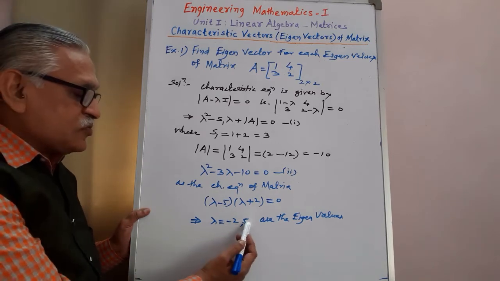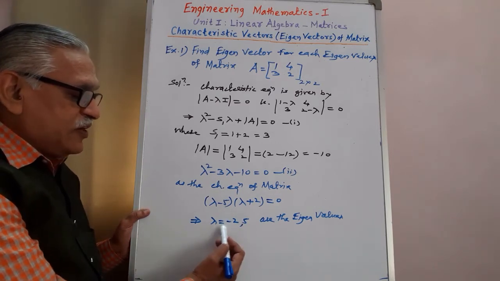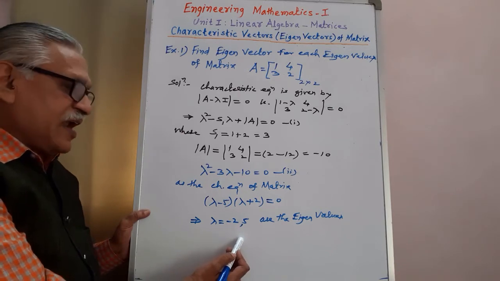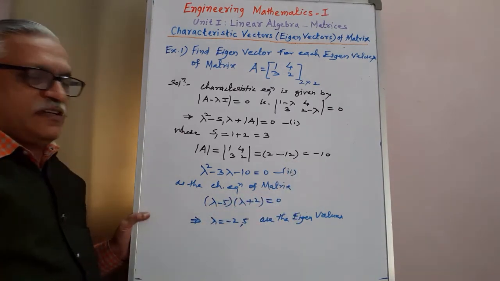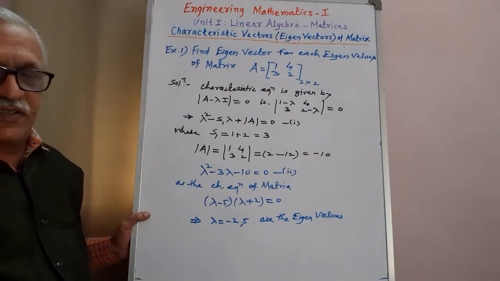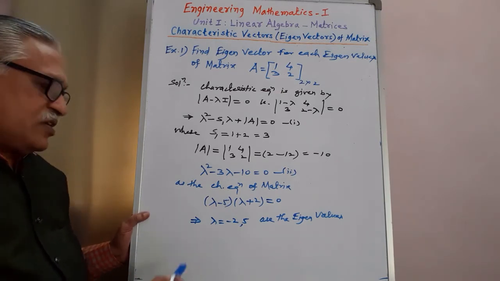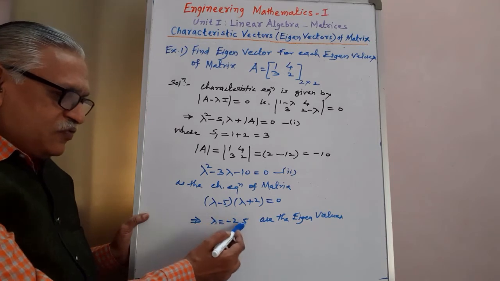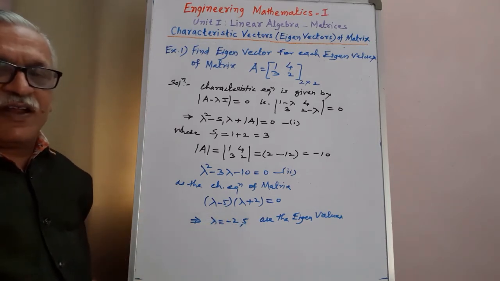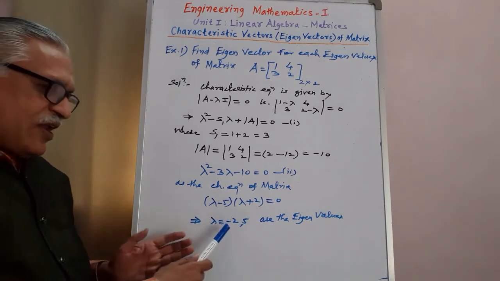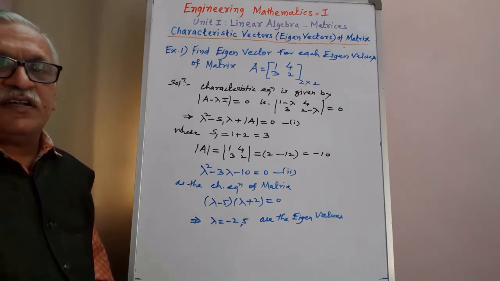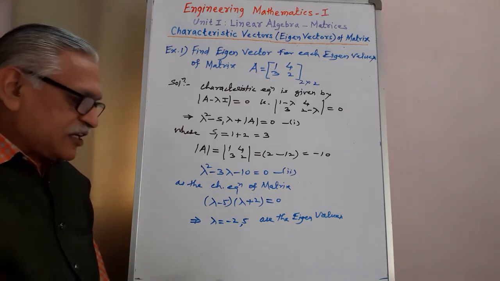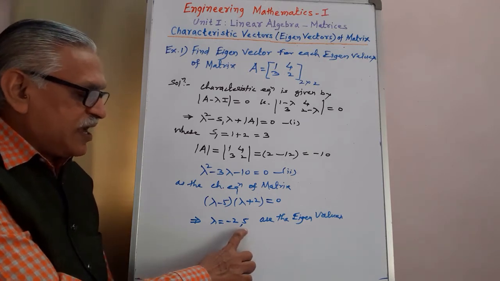The product of the two eigenvalues, minus 2 into 5, is minus 10, and that must equal the value of the determinant, which is also minus 10. The second property is also true, and therefore the values we have are correct. Then we go for the next part: we find the eigenvector corresponding to each eigenvalue.